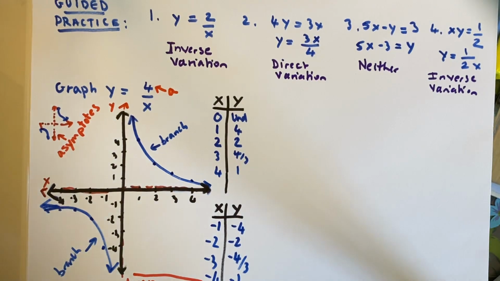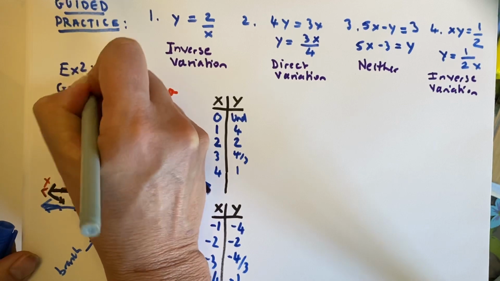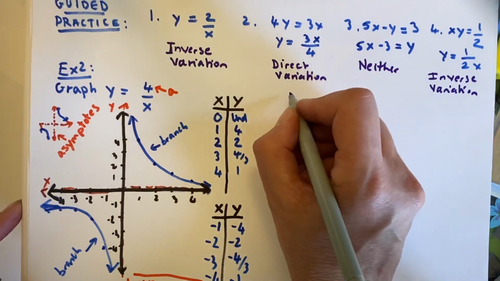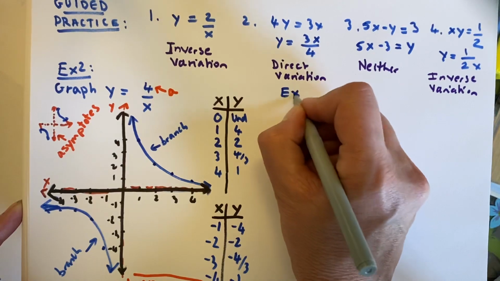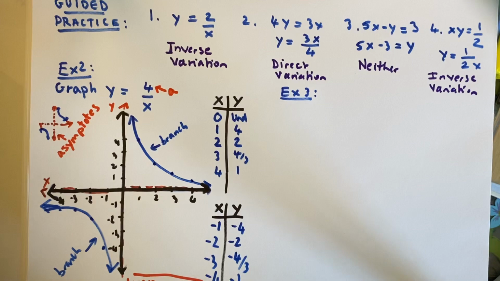All right, the example that I just did is example 2. I'm just going to write that up here in case you want to compare it to what's in the book. And I'm going to try to slip in example 3 because it's nice to see them next to each other so you can compare them.